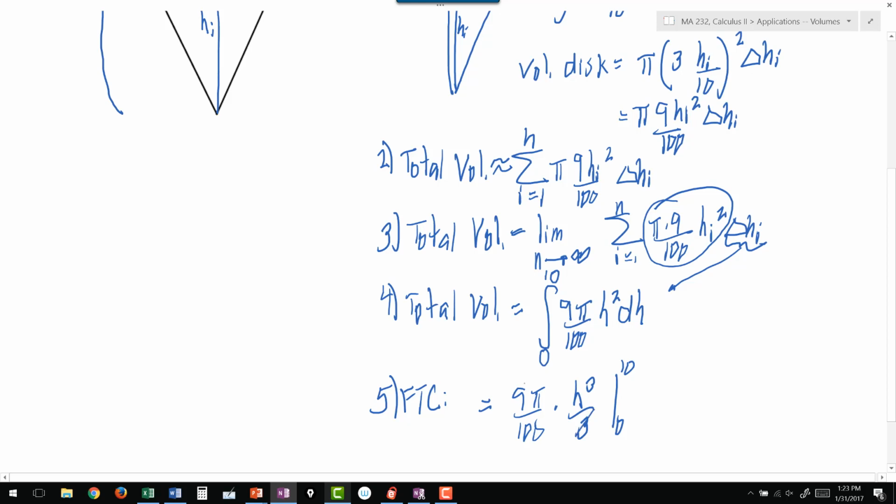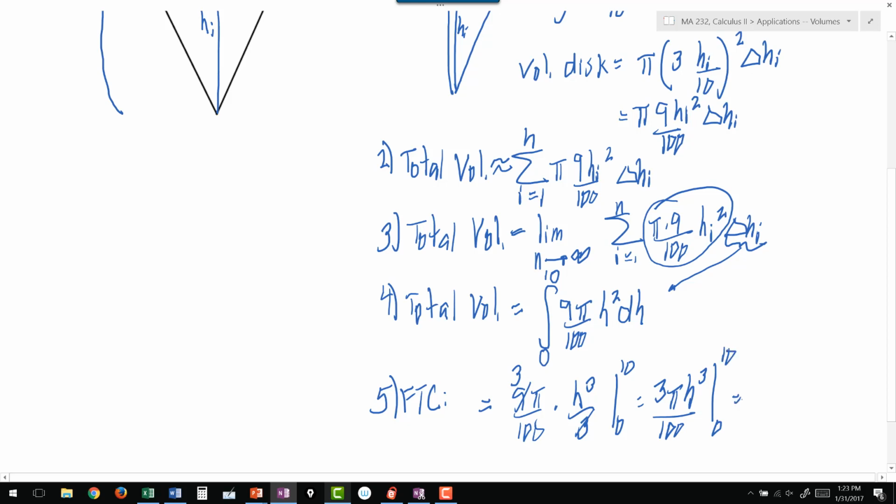I can simplify a little bit, cancel the 3 and the 9. So this is 3 pi h cubed over 100 between 0 and 10.